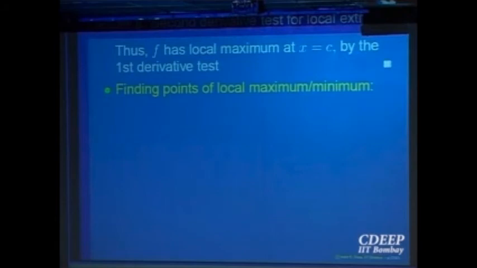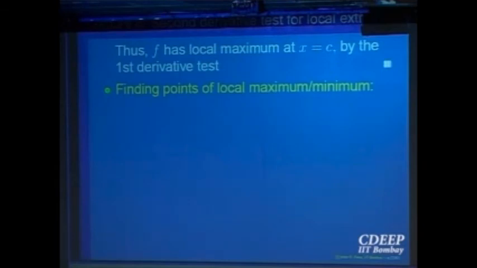So what should be your process of finding points of local maxima and minima? Let us put together all the things we know. The necessary condition says the first derivative must be equal to 0, if the function is differentiable; the function may not be differentiable at that point, first of all. And that point c is an interior point of the interval.